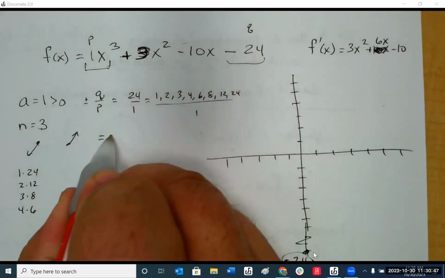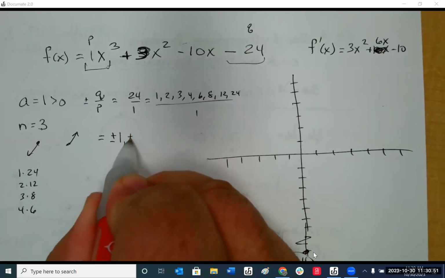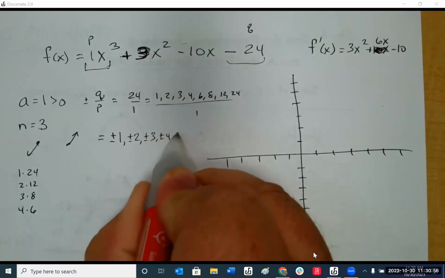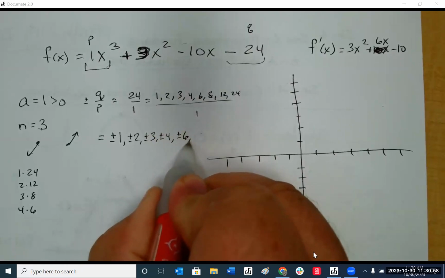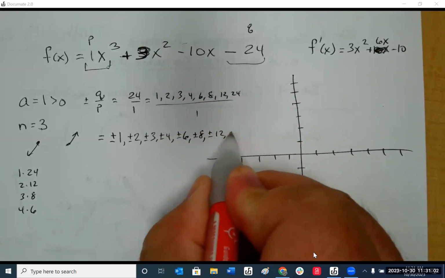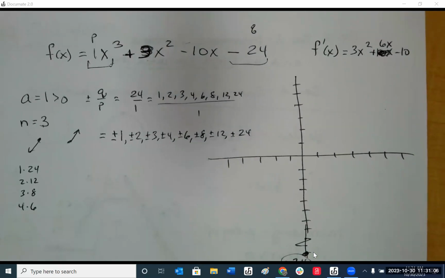So our answers can be plus or minus 1, plus or minus 2, and so on and so forth. So how do we test it? Synthetic division.